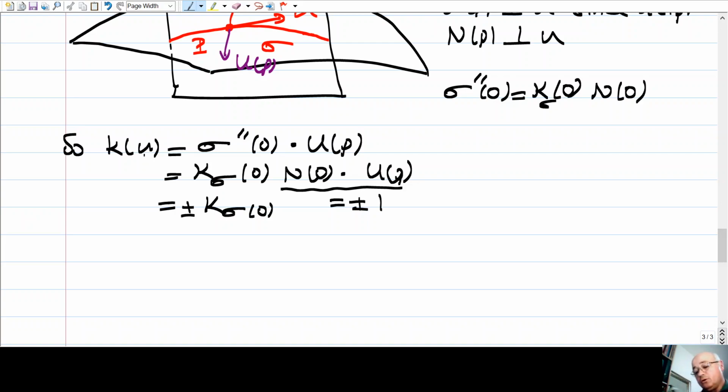So the normal curvature is equal to the curvature of a plane curve. That plane curve lies also on the surface M. Now here are some easy observations.